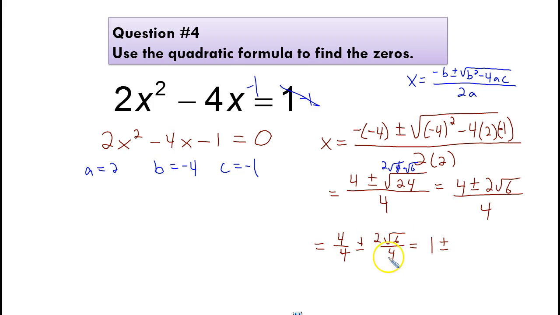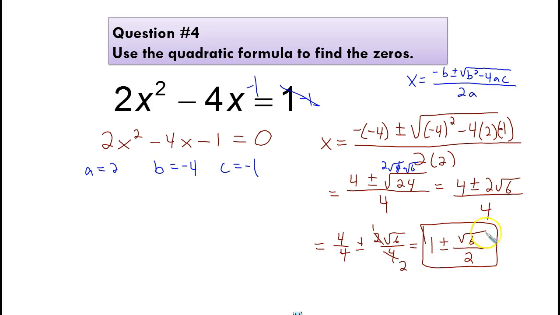And then the 2 and 4, the 2 cancels out. It goes into the 4 2 times. So this becomes like a 1, and that becomes like a 2. So what's left behind, 1 root 6, we just write as root 6 over 2. We circle that like that. That's one way to write it.